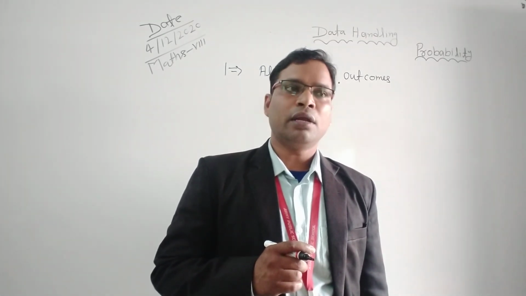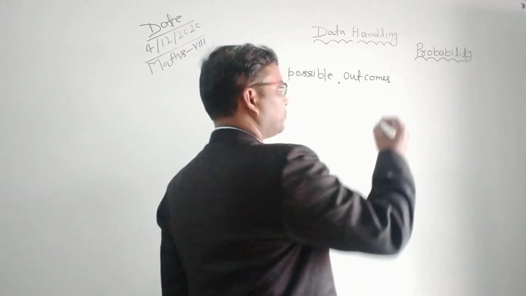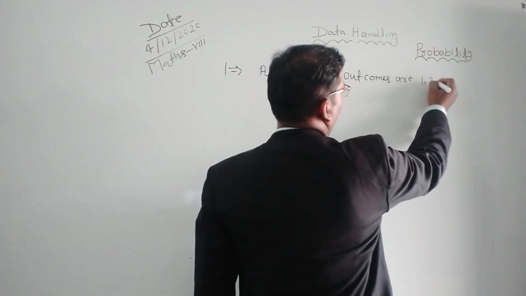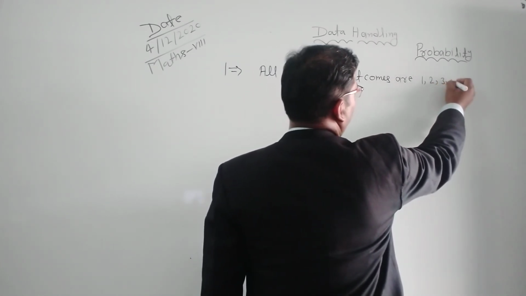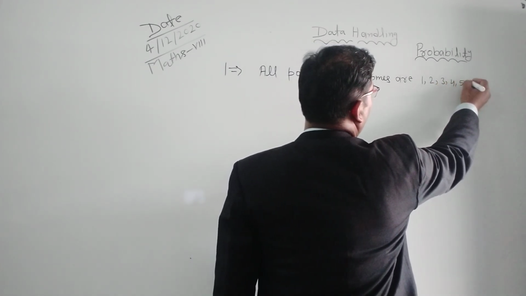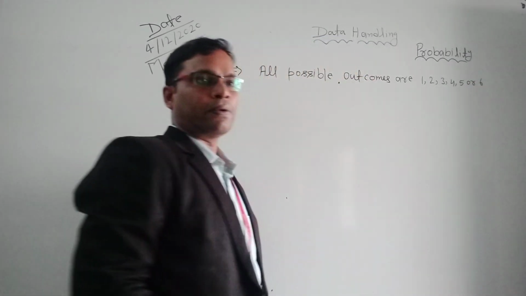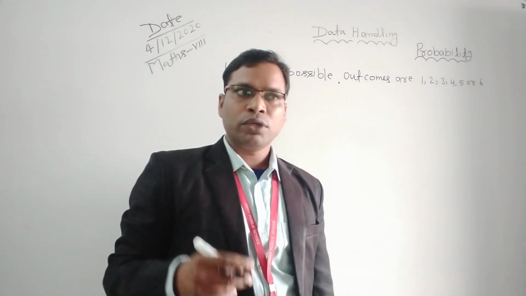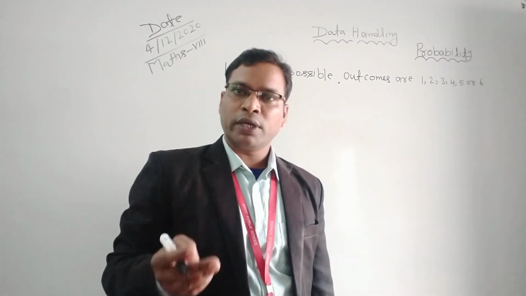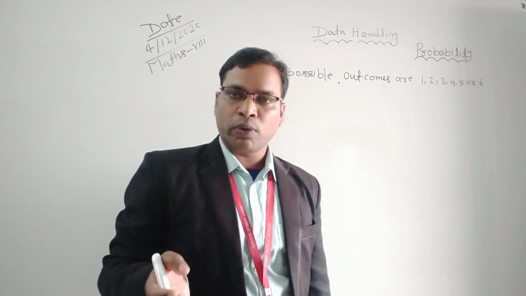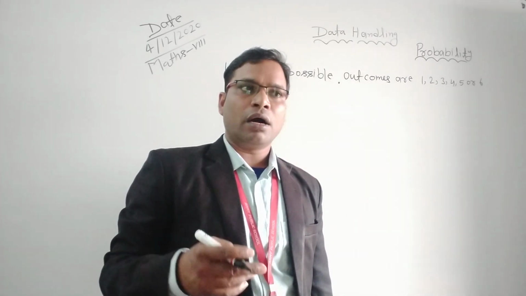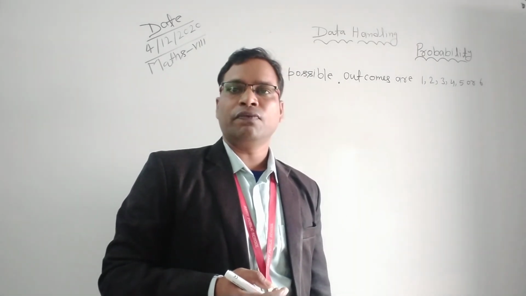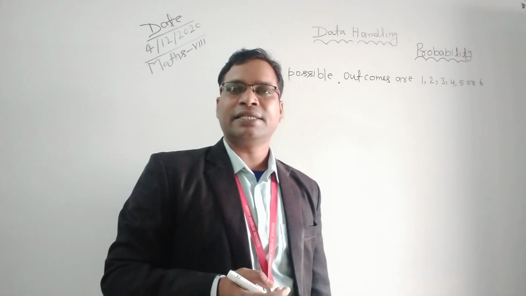So here we write all possible outcomes are 1, 2, 3, 4, 5 or 6. When you roll a dice once, these are all possible outcomes.